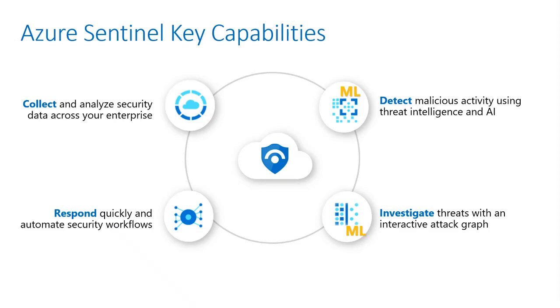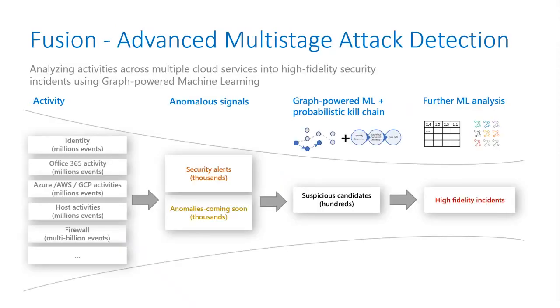And now let's take a look at how Fusion detects the threats in your environment. Fusion uses graph-powered machine learning to analyze activities across multiple cloud services. Within your Azure Sentinel workspace, you might be receiving thousands of anomalous signals every day. These are the security alerts. These are potential anomalies, right? Fusion applies graph-powered machine learning analysis and probabilistic kill chain to help you find correlations between these anomalous signals and identify hundreds of suspicious candidates.